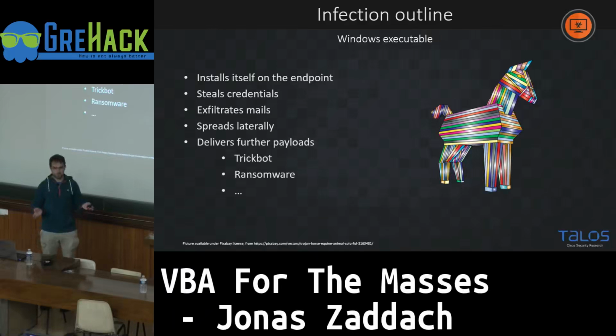And since 2015, I think Emotet is also delivering other payloads. So it's not the most malicious payload itself anymore, but it will, for example, deliver TrickBot or ransomware, all this stuff. And at this point, we're pwned.